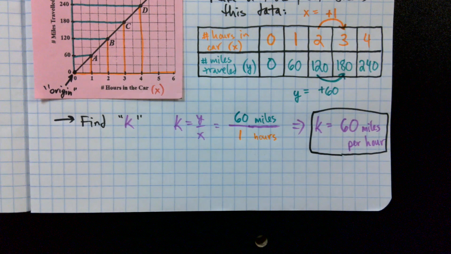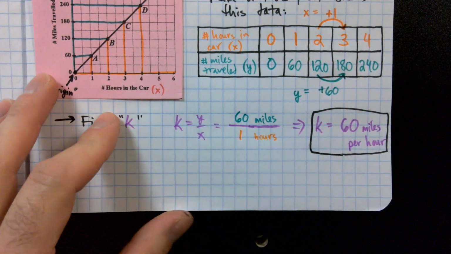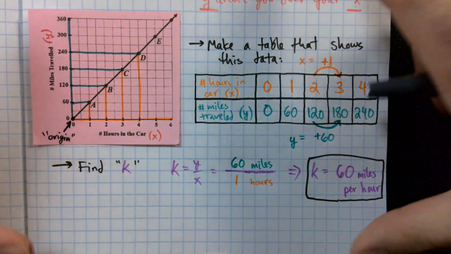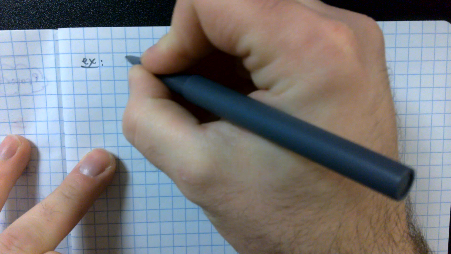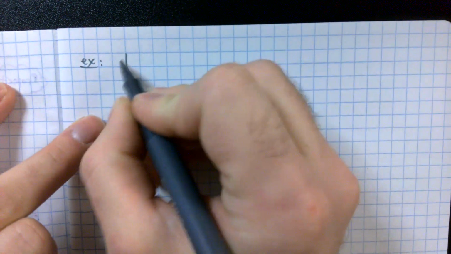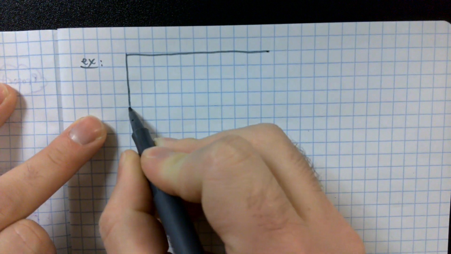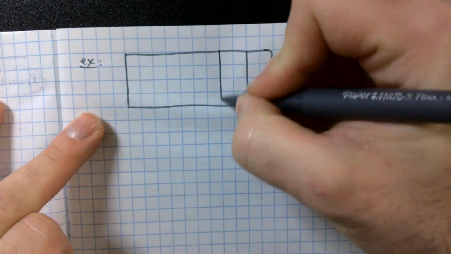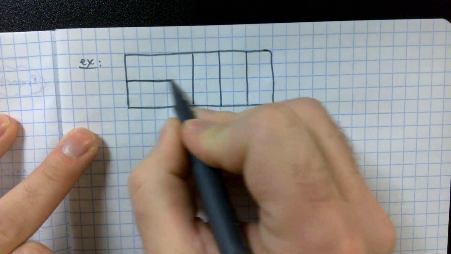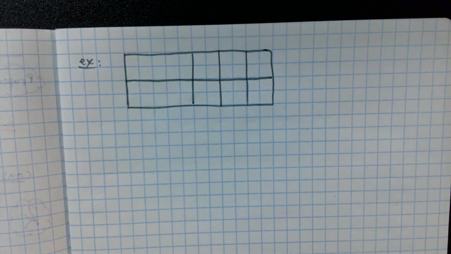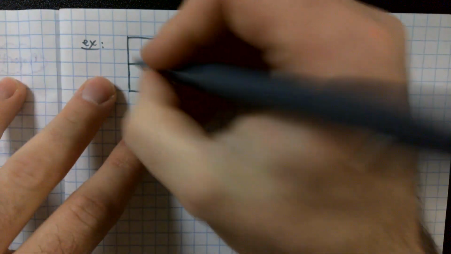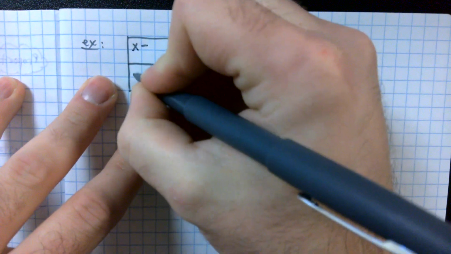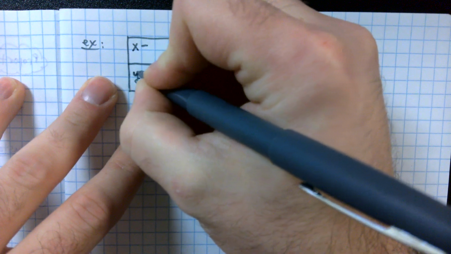When it comes to the homework or the assignment that we're about to get, I'm going to show you a very simple example of kind of what you're going to see on the assignment so we know what we're doing, okay? Make a quick little table. X on the top, Y on the bottom.